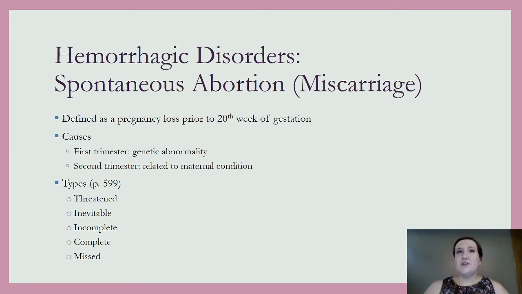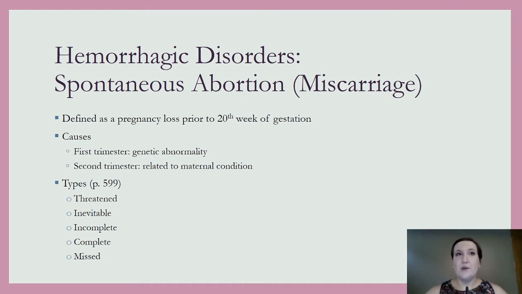We can also define a miscarriage as a pregnancy loss in which we have a fetal weight of less than 500 grams. When we're talking about miscarriage, we need to be aware that about 10 to 15% of all pregnancies result in a spontaneous abortion.